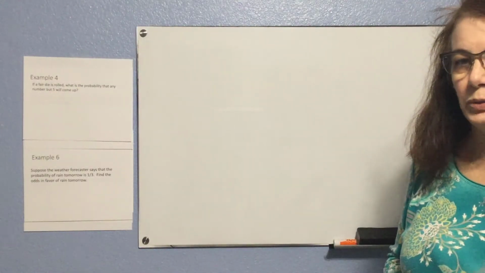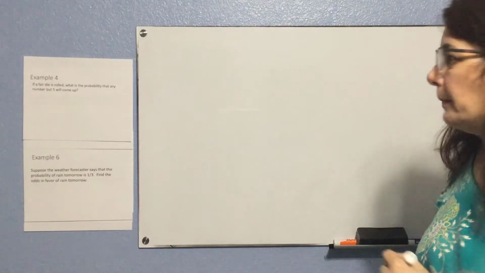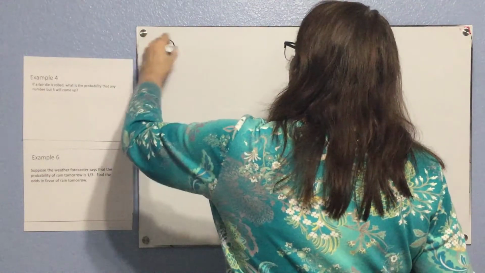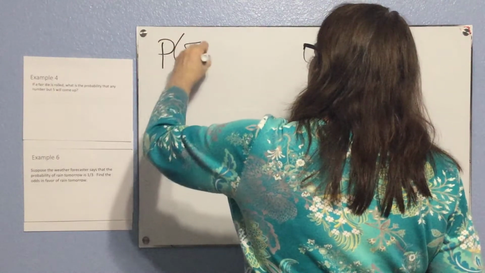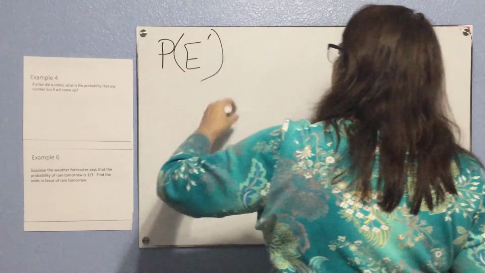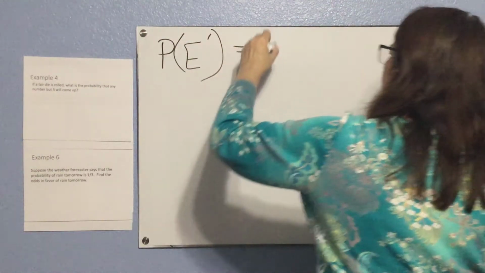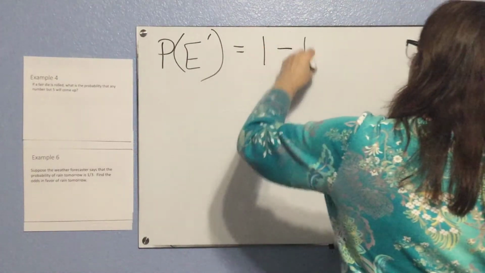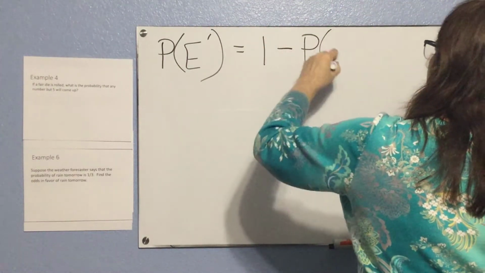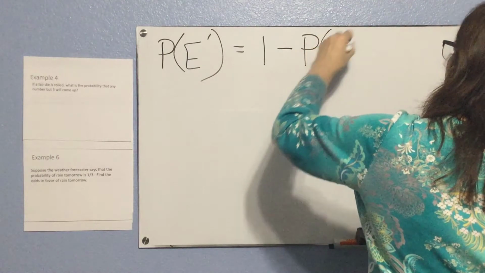Let's look at another rule called the complement rule, which tells us that the probability of the complement of an event is equal to 1 minus the probability of the event.